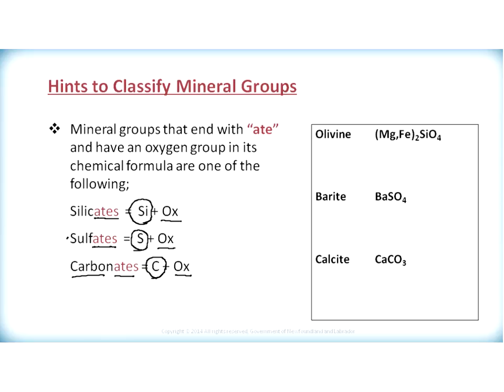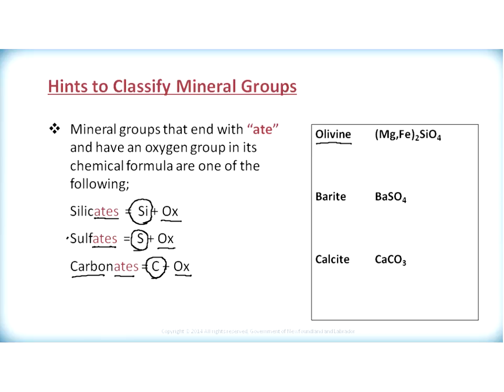So if you look over to the right, the first mineral that we're going to look at is called olivine. The chemical formula for olivine is MgFe2SiO4.